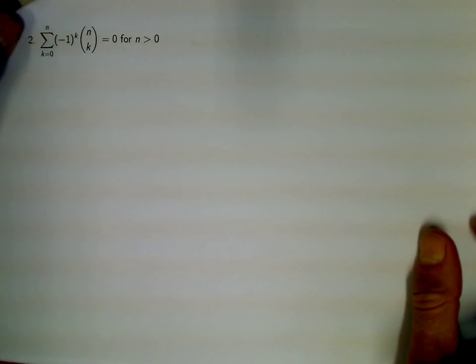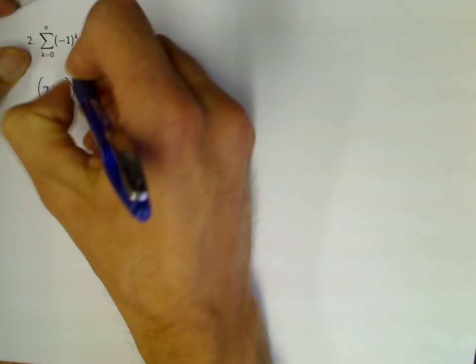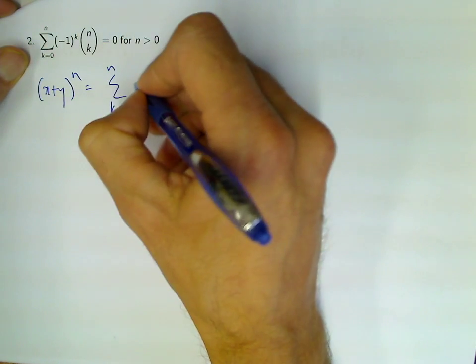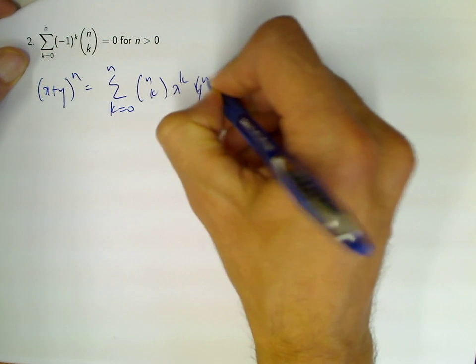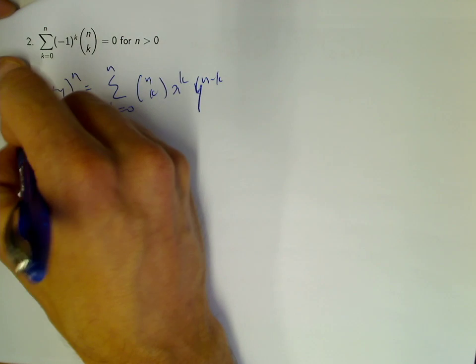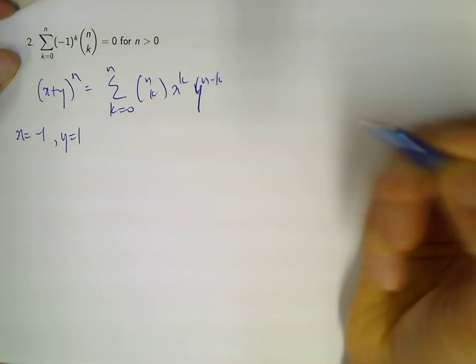Okay, so this one we can also do using the binomial theorem. Again, x plus y to the n is equal to the sum k equals 0 to n of n choose k, x to the k, y to the n minus k. So what we'll do is put x equal to minus 1 and y equal to 1.